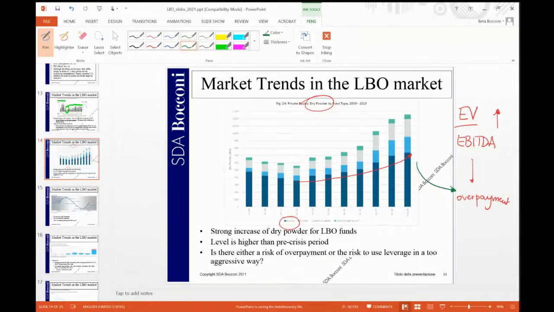When interest rates are very low, the discounting factor for cash flows reduces and the potential price for an asset increases. And so the risk to make a wrong bet increases significantly.